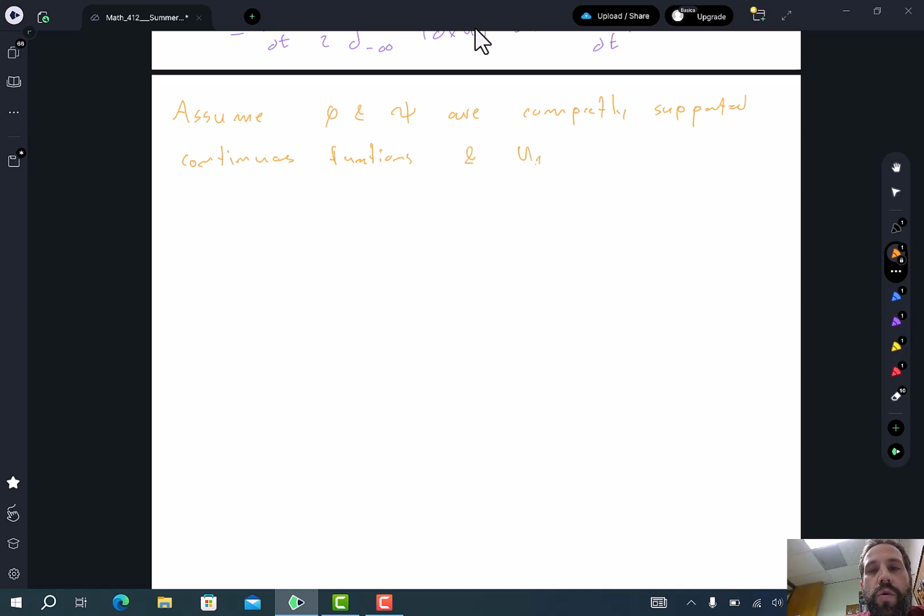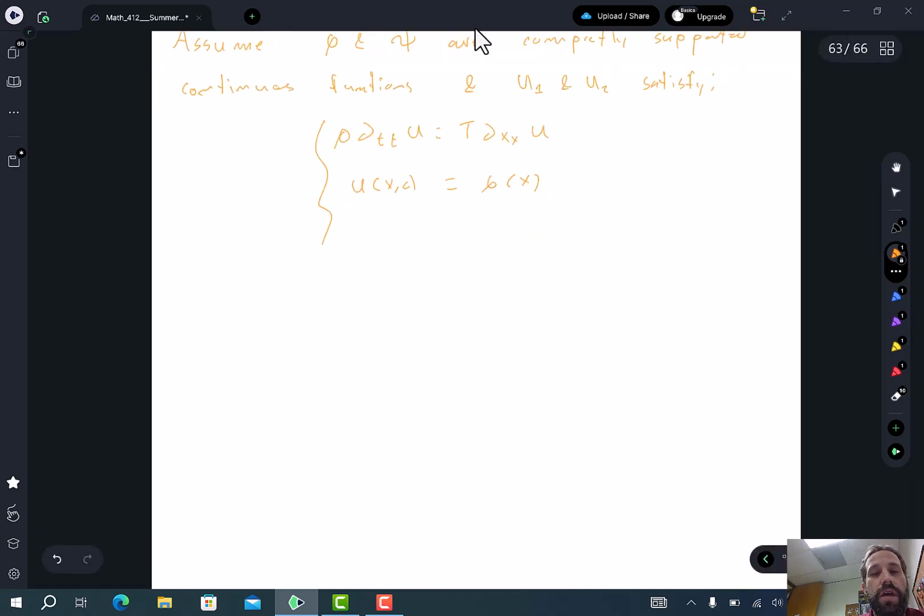And that u1 and u2 satisfy the initial value problem: this is just the wave equation written in this form, u of x, 0 is equal to phi of x, and the t derivative of u equals psi of x.